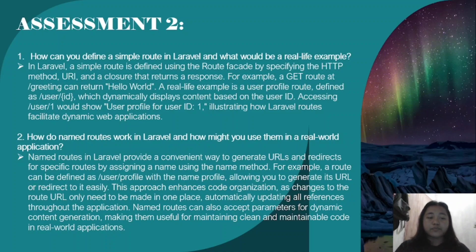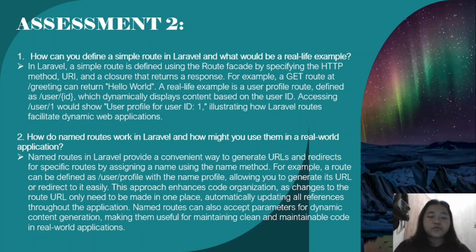Number 2. How do named routes work in Laravel and how might you use them in a real life application? Named routes in Laravel provide a convenient way to generate URLs and redirects for specific routes by assigning a name using the name method. For example, a route can be defined as /user/profile with the name profile, allowing you to generate its URL or redirect to it easily.